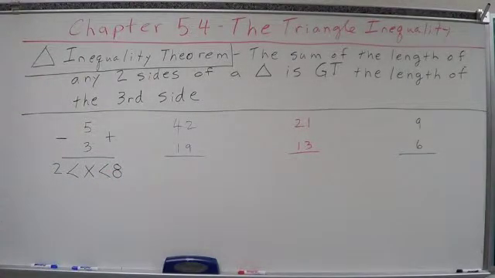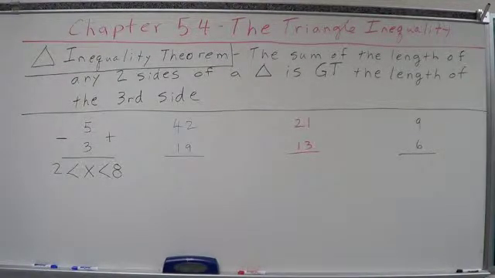So you have a length of a stick between 2 and 8 that will make a triangle with sticks of lengths 5 and 3. Try it out. Remember, it has to be larger than 2 and less than 8. It cannot be equal to 8, cannot be equal to 2.